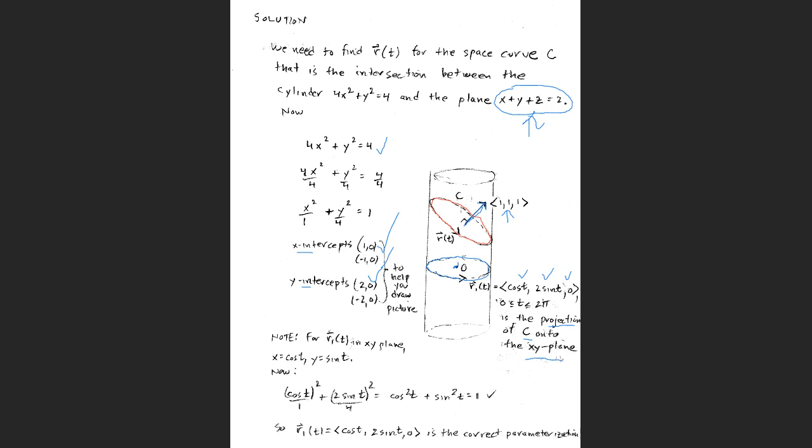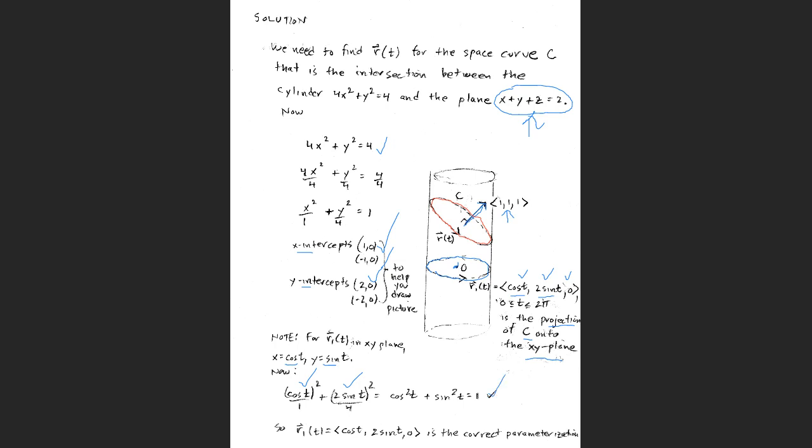Of course, the z component is 0, you're in the xy plane. But why are the x component cosine of t and the y component 2 times the sine of t? Well, if you substitute them in for x and y in the elliptical cylinder, you're going to get cosine squared plus sine squared. You're going to get a 1.